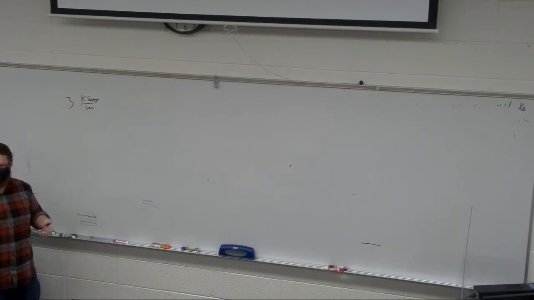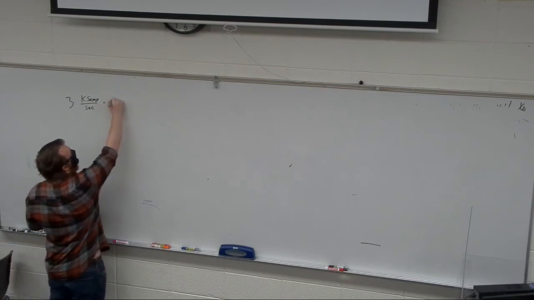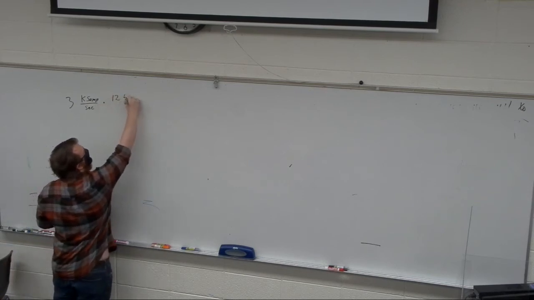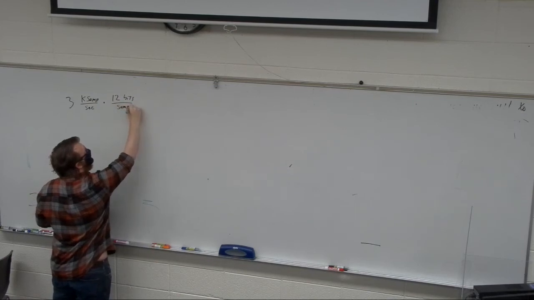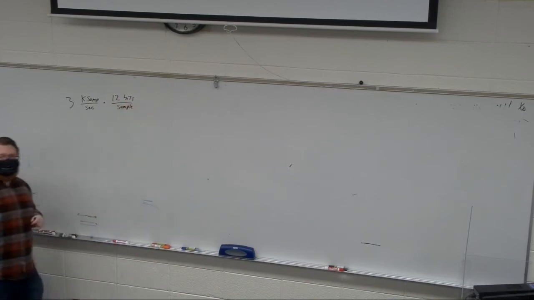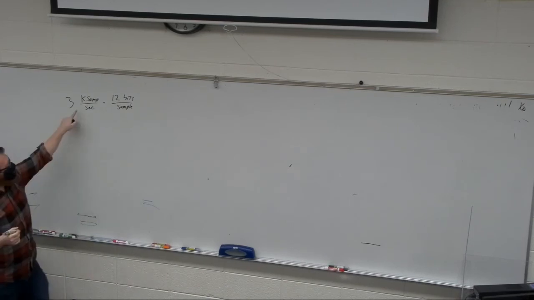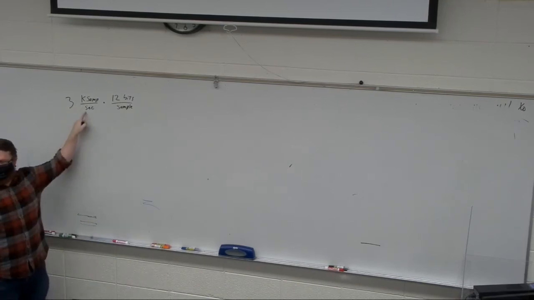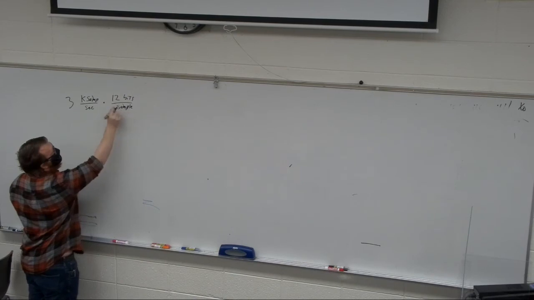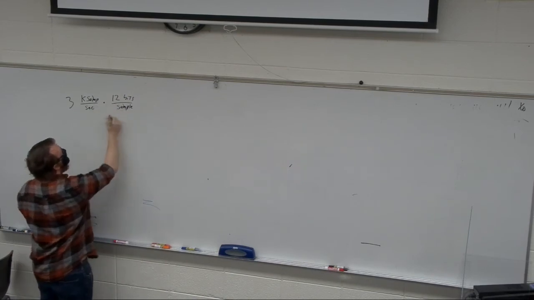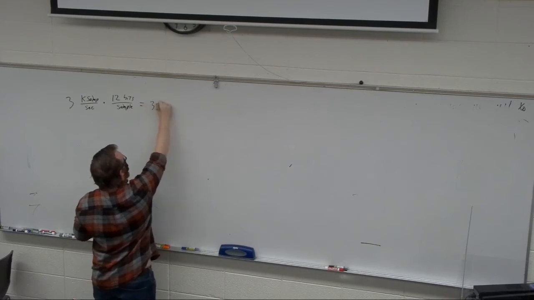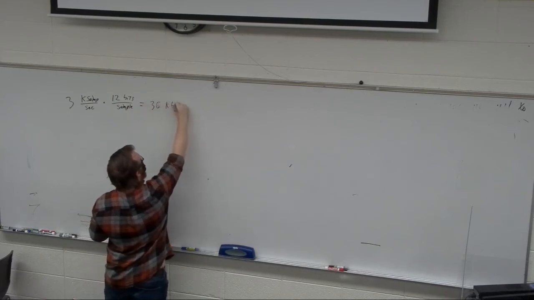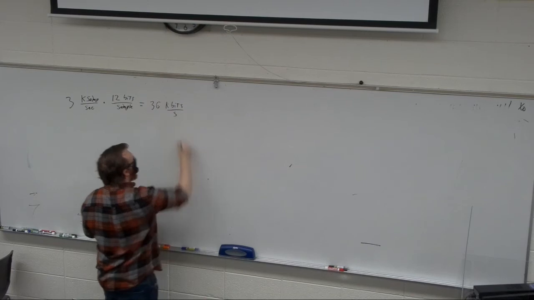It's a 12-bit ADC, so I have 12 bits per sample. Well, that then cancels out and I get bits per second, right? Sample cancels sample, and this ends up being 3 times 12, which is 36 kilobits per second of data that it's generating.